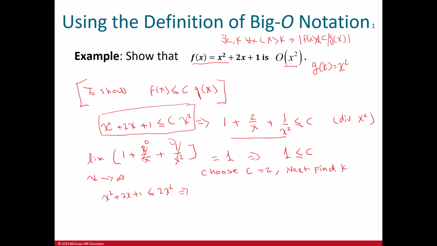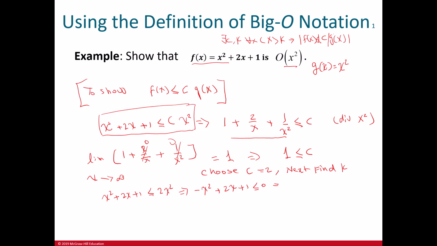From this it follows, I'm going to use an arrow to mean it follows, that I can add negative 2x^2 to both sides. When I do this, I end up with minus x^2 + 2x + 1 less than or equal to 0.